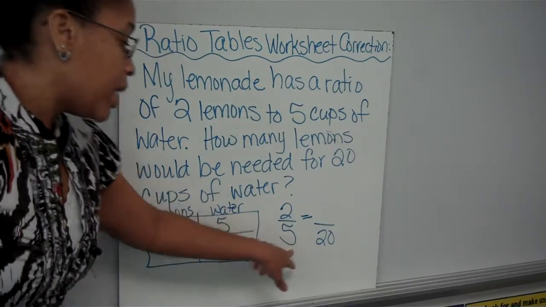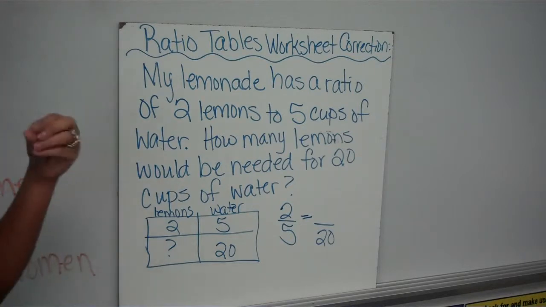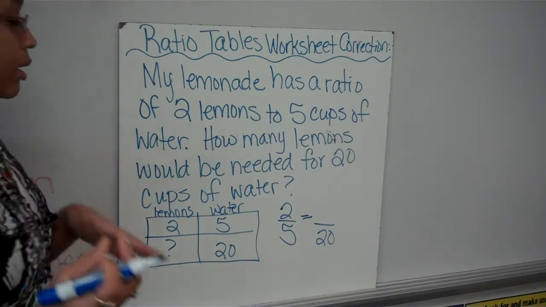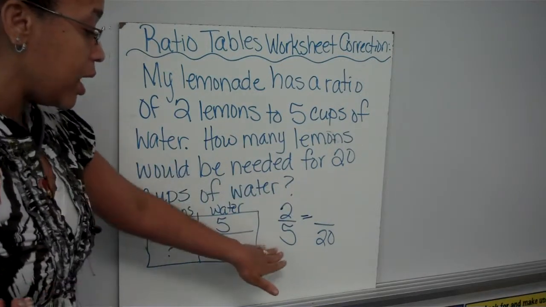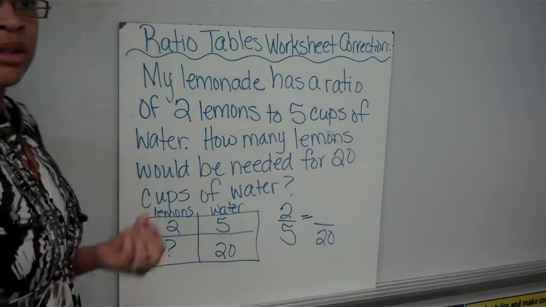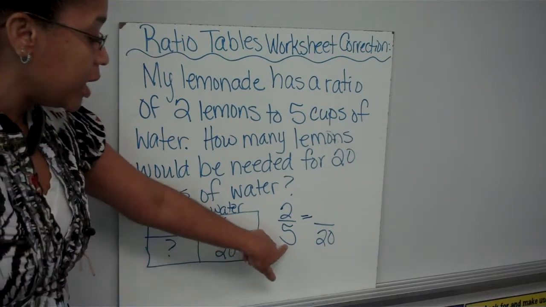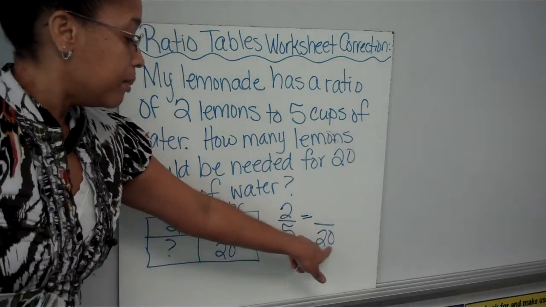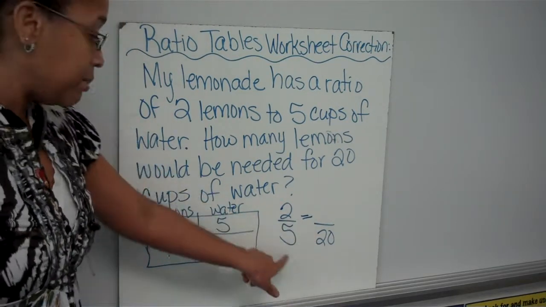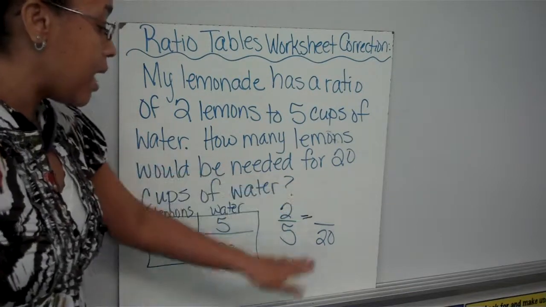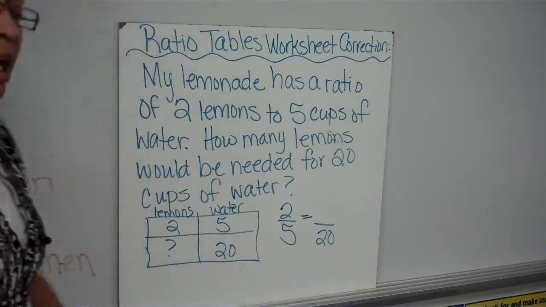And so it's going to go on the bottom because in a proportion, what's on top has to be on top in both fractions, or what unit you're talking about has to be on top in both fractions. And the same thing with the bottom. The units for the denominators have to be the same. So I couldn't put money here and pounds here. It has to be money, money, pounds, pounds. So I have my lemons on top and my cups of water on the bottom.